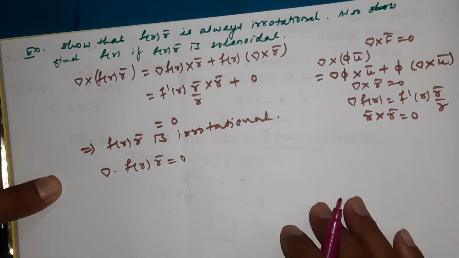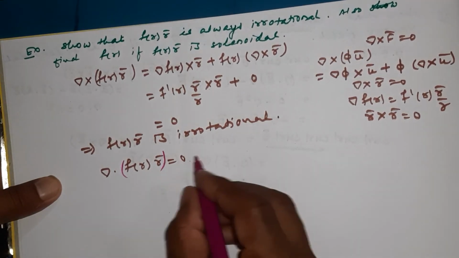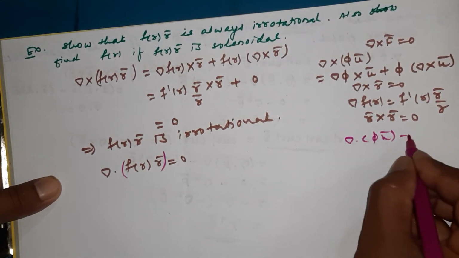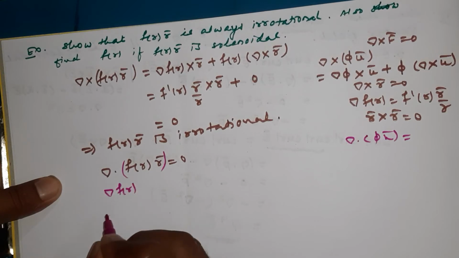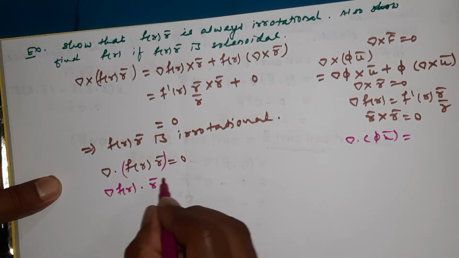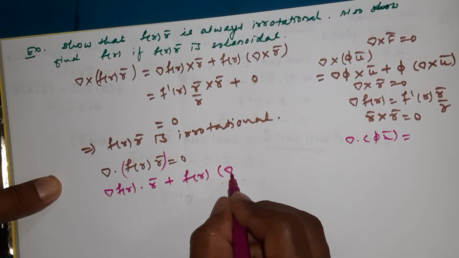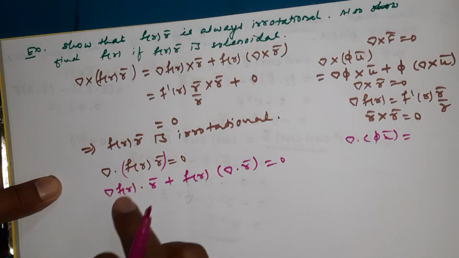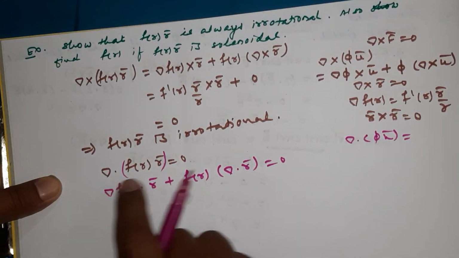Now I have to find f of r. So again apply the dot product theorem, del dot phi u bar. Directly you can apply del of f of r dot r bar plus f of r as it is, del dot r bar.